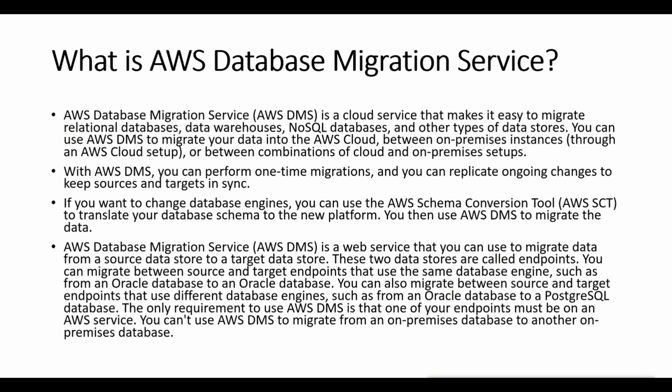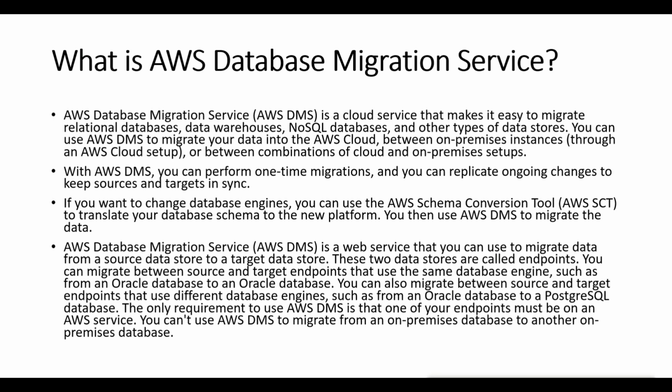You can use AWS DMS to migrate your data into the AWS cloud, between on-premise instances through an AWS cloud setup, or between combinations of cloud and on-premises setups. With AWS DMS, you can perform one-time migrations, and you can replicate ongoing changes to keep your source and target in sync. We will be covering it as we go ahead with our session.